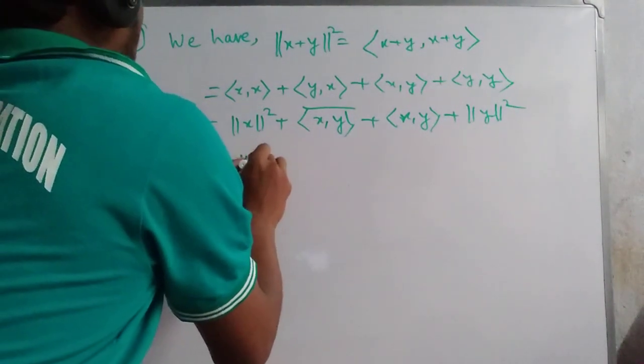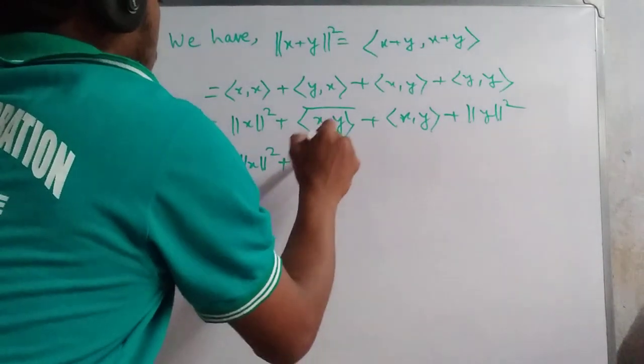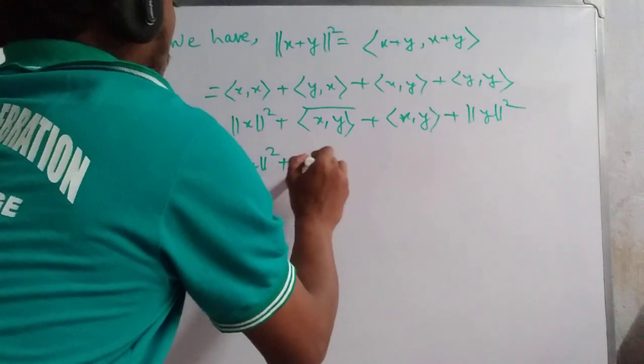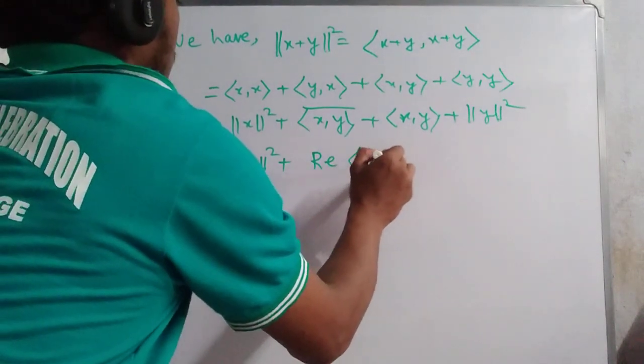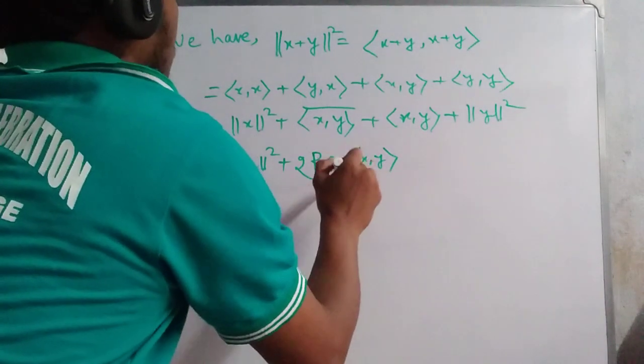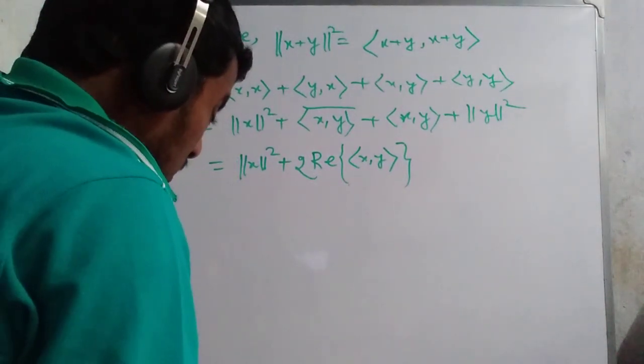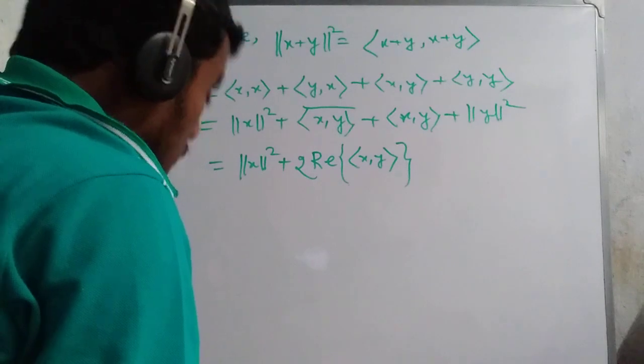Then this one equals the norm of x squared plus 2 times the real part of the inner product of x and y, plus the norm of y squared. Understood? Not a problem at all. I think this one is too easy.